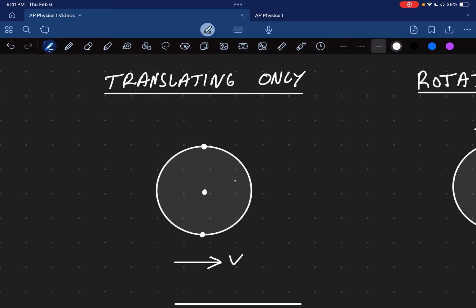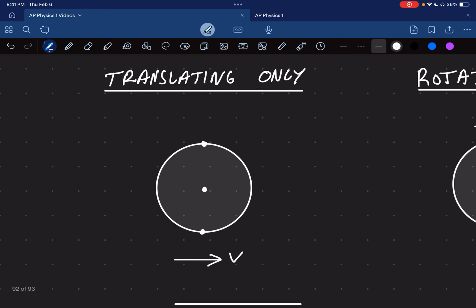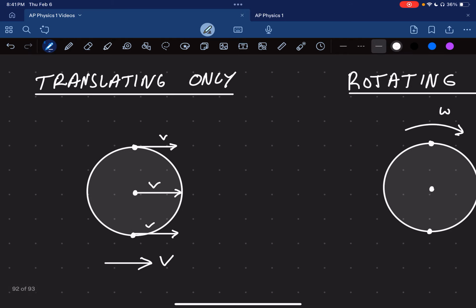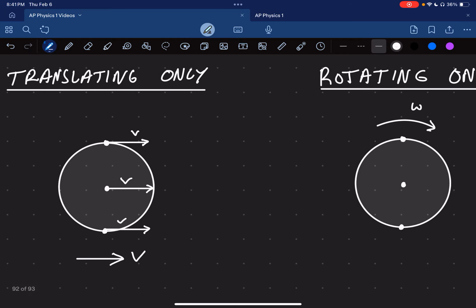Now, if I'm just walking with this thing and it's not rotating, then each point has velocity v. You take a wheel, like a bike wheel, and you're walking with it at some v here, and it's not spinning, it's not rotating. Then each point moves forward with the same velocity v.